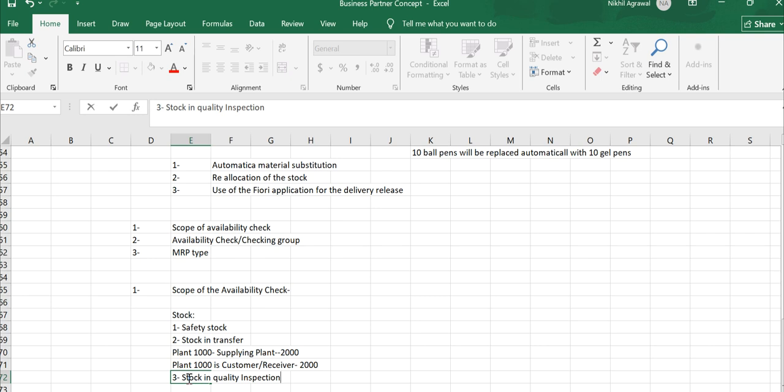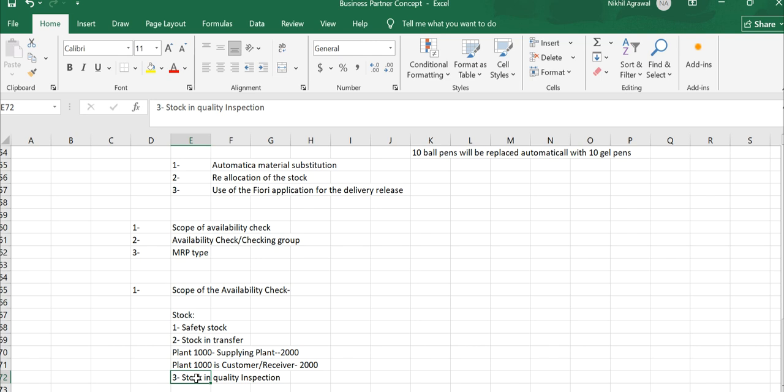This is one point. Second, maybe because of a customer return, when the stock has returned to the original storage location or warehouse, it has been kept under the quality inspection stock. There may or may not be an issue with the stock, but organizations are very careful when they are delivering goods to the customer. They are very careful about the quality.